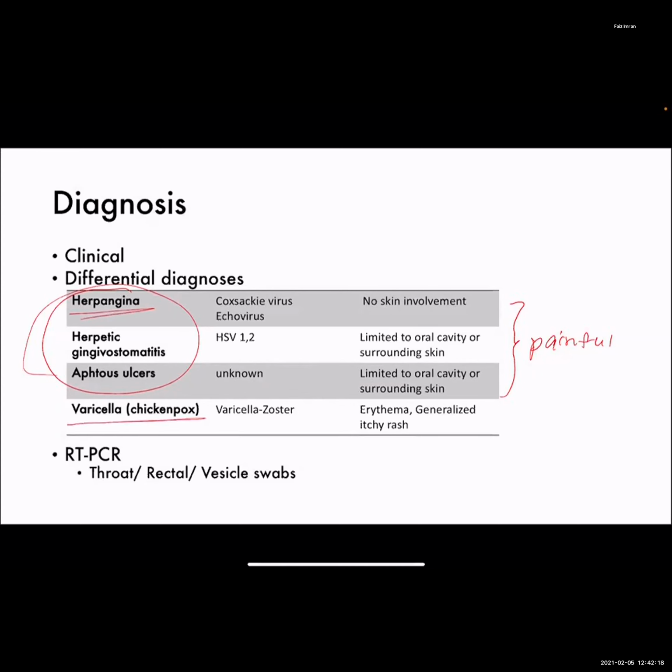And varicella can be quite similar, but usually the lesions are not painful. They are itchy, or pruritic. Chickenpox lesions are exanthem, while the top three are enanthem.